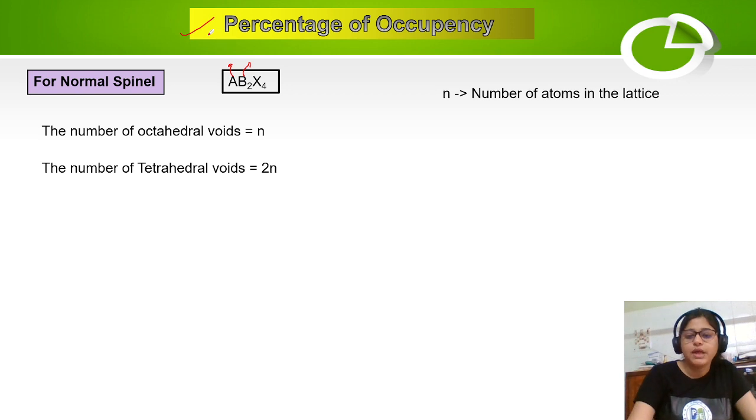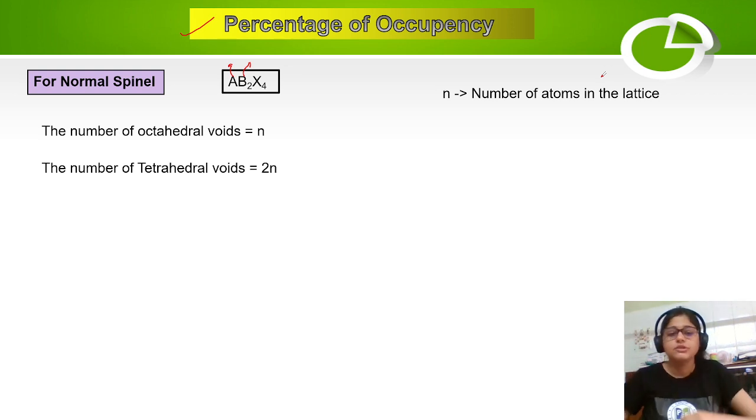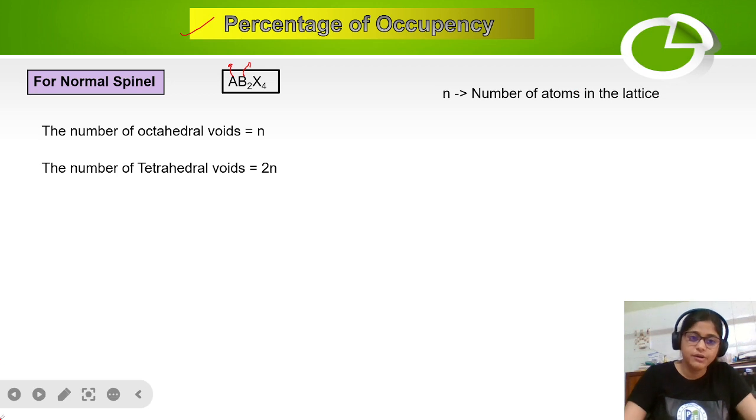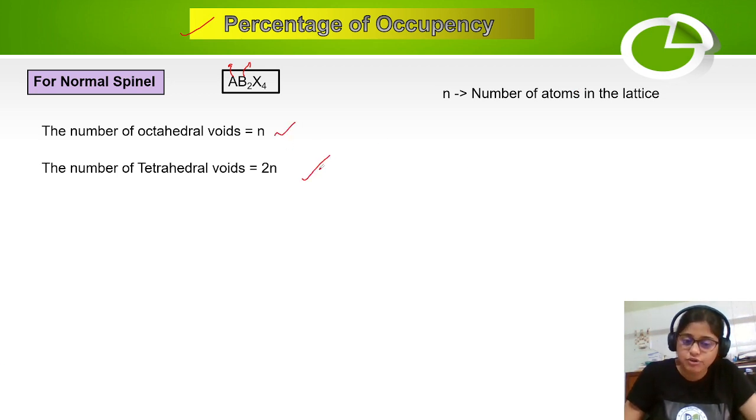I have previously told you, if the number of atoms in the lattice for a unit cell, for octahedral void, is, let's say, n, at that time the number of tetrahedral voids will be 2n. So the number of octahedral voids will be n, right? I have previously told you.